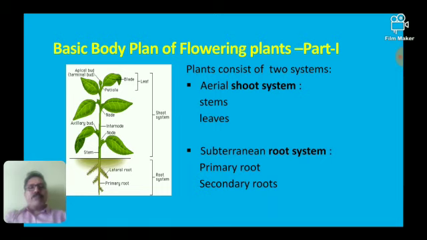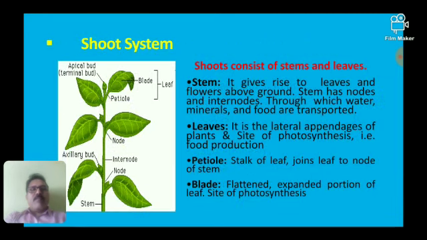It develops into different parts: nodes and internodes on the stem, and apical regions, that is the shoot apex, leaves, that is the lateral appendages, and the flower, which is the reproductive structure. So this is the complete plant body that will be developed after the germination of the seed.